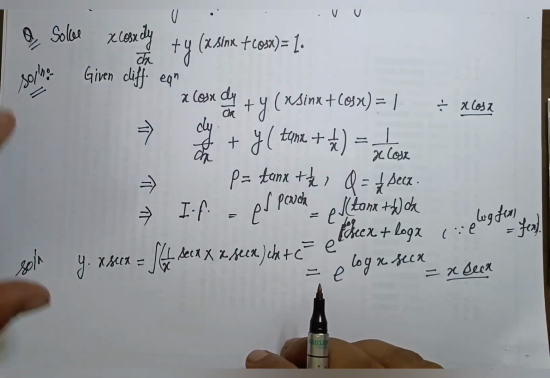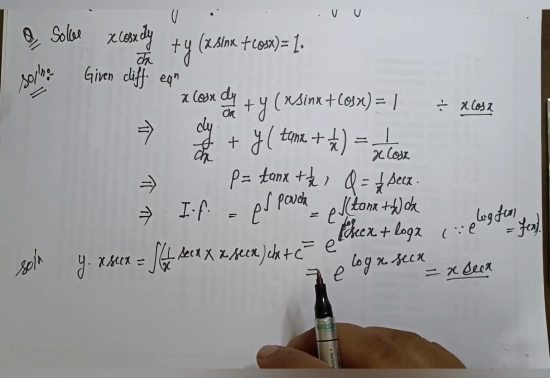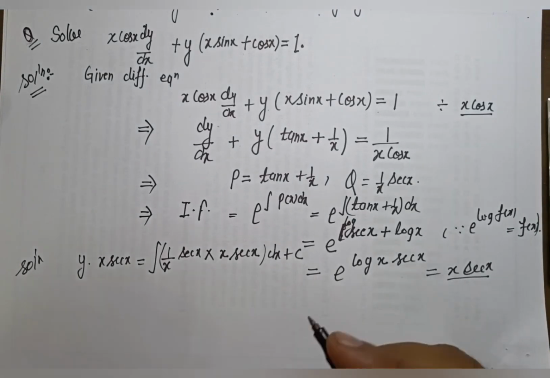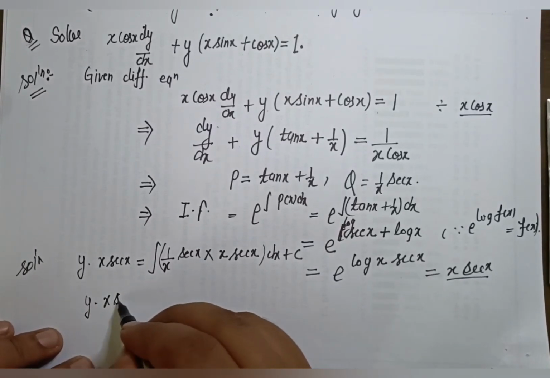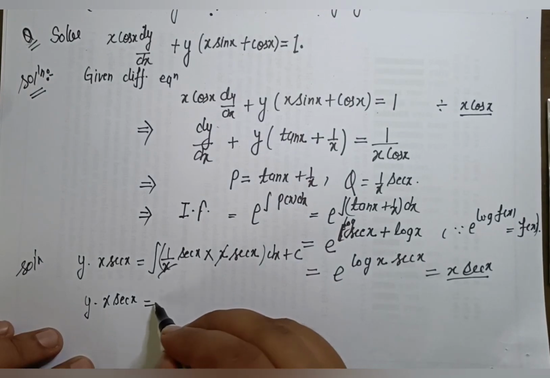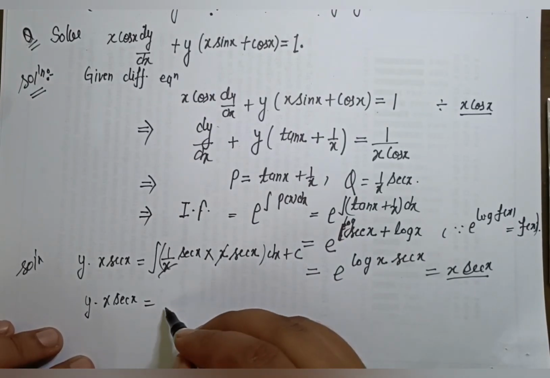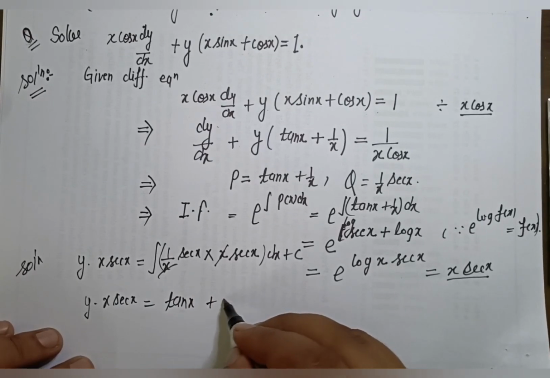So guys, we have simply repeated the simple steps here. We haven't done any big work here. So now come on, solve it. So y times x sec x, and this x is cancelled out. So we have here sec square x, and the integration of sec square is tan x, then plus c.